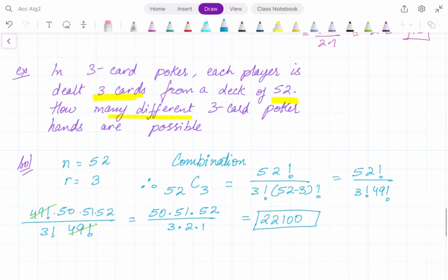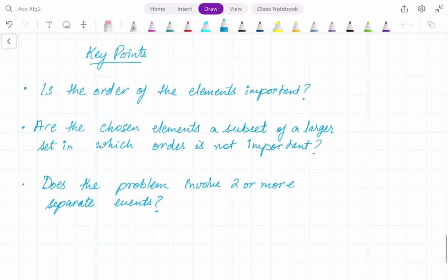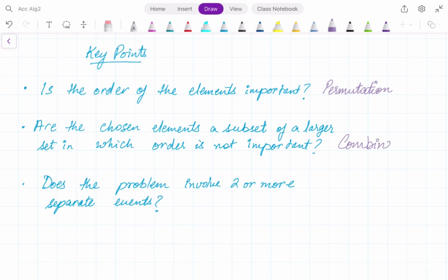Okie dokie. So the few key points. Is the order of the elements important? When the order of the elements is important, that is a case of what? Permutation or combination? It is permutation. Now let's talk about the second point. Are the chosen elements a subset of a larger set in which order is not important? When order is not important, that is a combination.